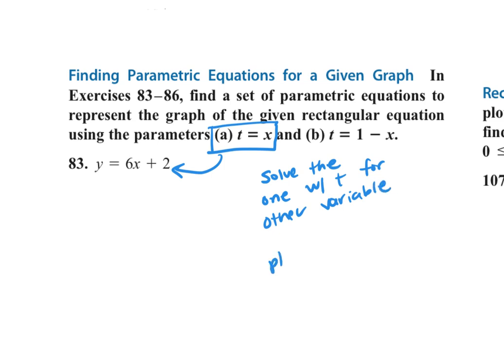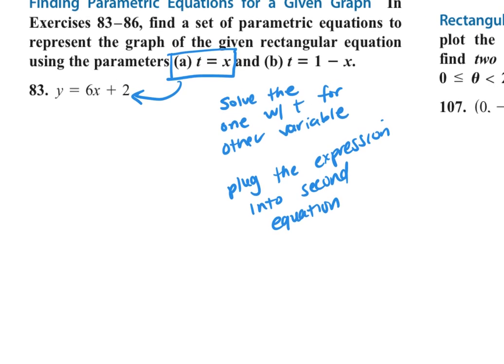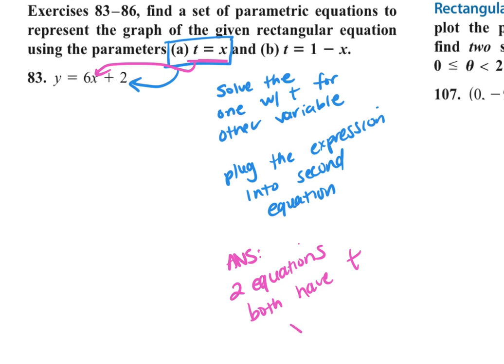And then plug the expression into the second equation. So in this case, if x equals t, then in place of this x, I'm putting t. And then your answer for these is 2 equations. Both have t. It's an x equals and a y equals.